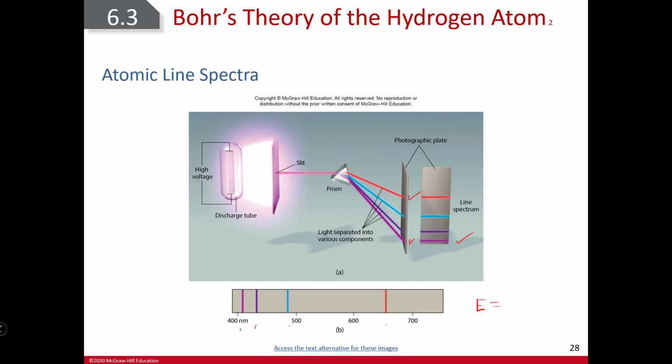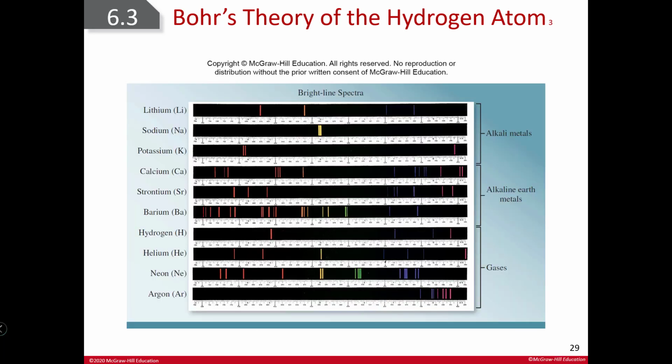So energy is equal to h nu, and we can also say that energy is equal to hc over lambda. So because we're getting specific wavelengths, we're getting specific frequencies, we're getting specific energies. So what's so neat about this, this is a type of chemist I am. I'm a spectroscopist. So every element has its unique line spectrum.